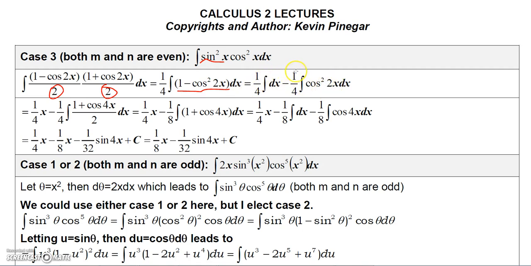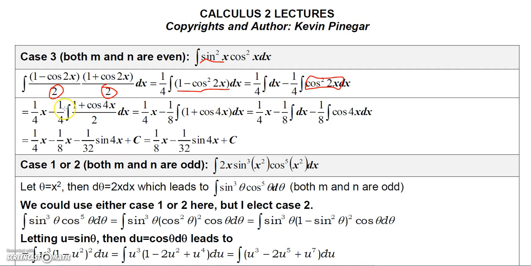Okay, now I can use the identity again for cosine squared 2x here, so I can replace cosine squared 2x with (1 plus cosine 4x) over 2, and then I went ahead and integrated this first integral. So if you integrate dx, you get x. So I got 1/4 x.